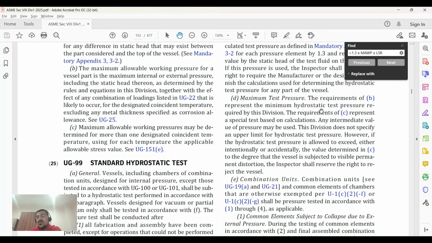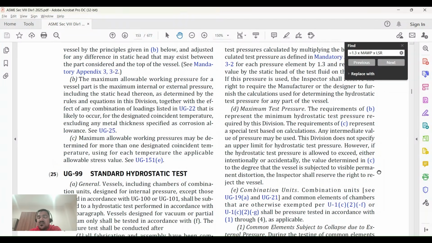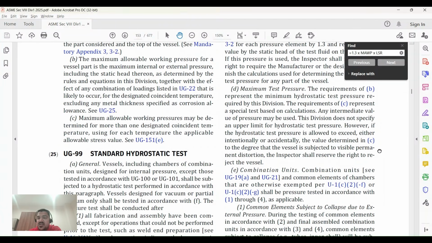Since after calculating the minimum test pressure for hydro test by computing the expression, which is 1.3 times MAWP multiplied by the lowest stress ratio of the material through which the vessel is constructed, now what is the maximum test pressure allowed by ASME Section 8 Division 1 and further by UG-99? So it is given in UG-99D.